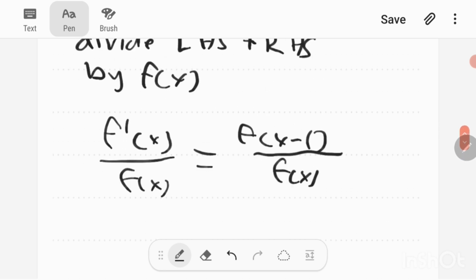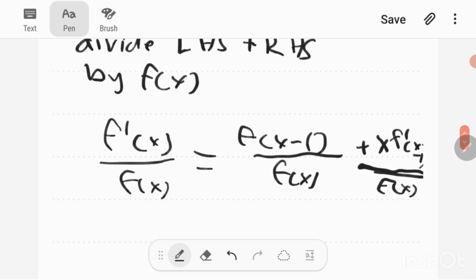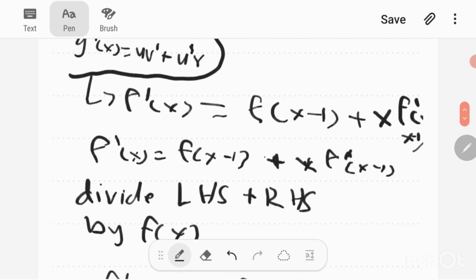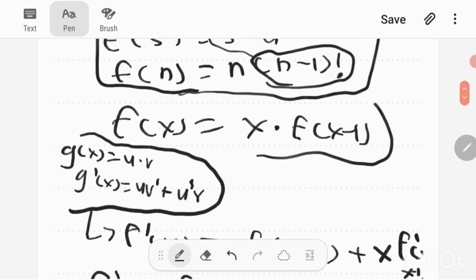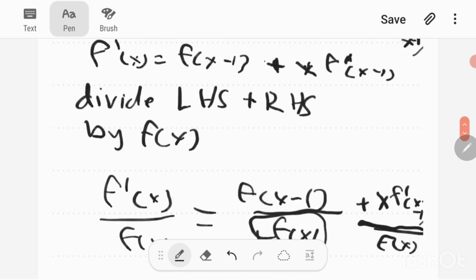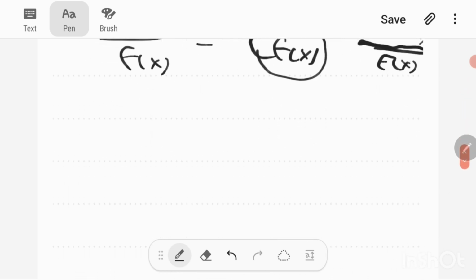plus, we can write x, this will not fit over here, but we will make it f prime of x minus 1 over f of x, and now we'll replace f of x from the original definition to be x times f of x minus 1.